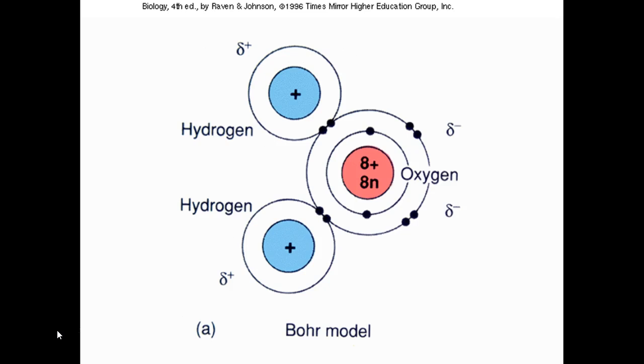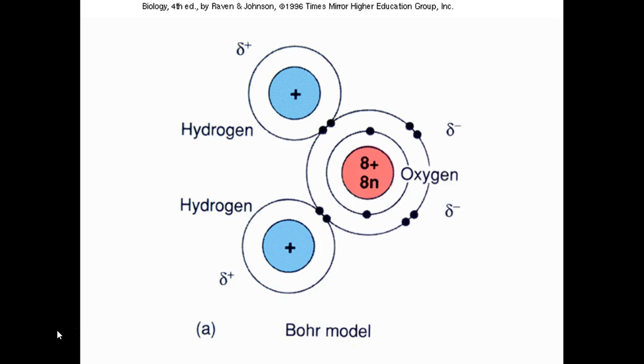Oxygen, on the other hand, as you know, has 8 protons and 8 electrons. So it has 2 electrons in the lowest shell, and it has 6 electrons in the valence shell. It just needs 2 more to fulfill the octet rule. So it does a unique thing.